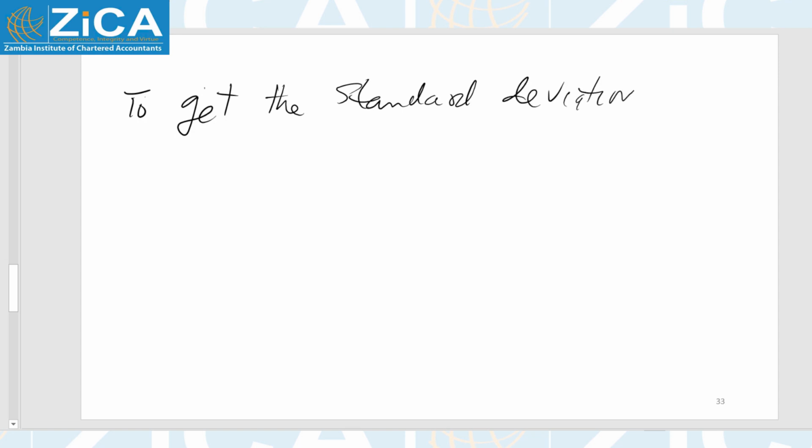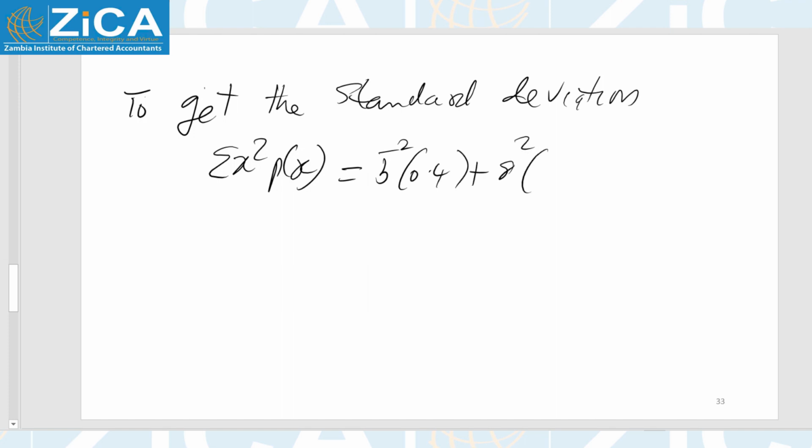To get the standard deviation, we get the summation of x squared times probability of x first, and this will be equal to 5 squared times 0.4 plus 8 squared times 0.2 plus 6 squared times 0.3.